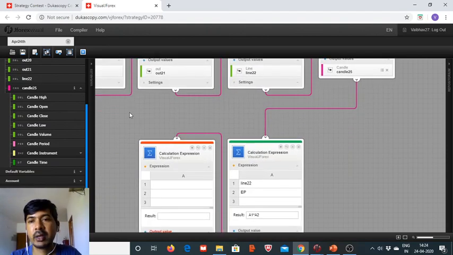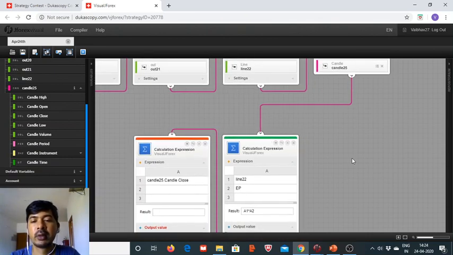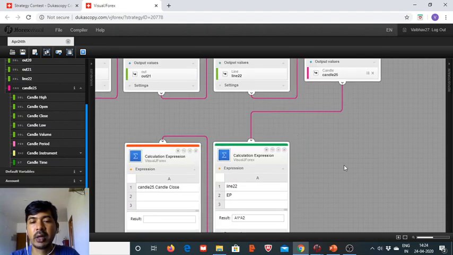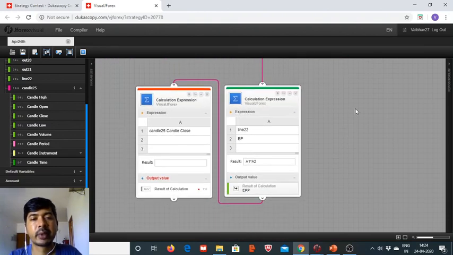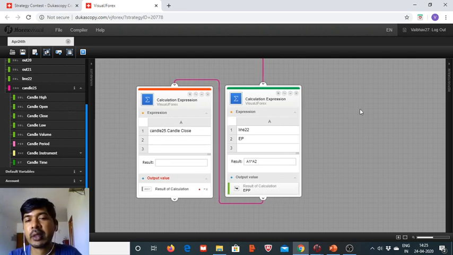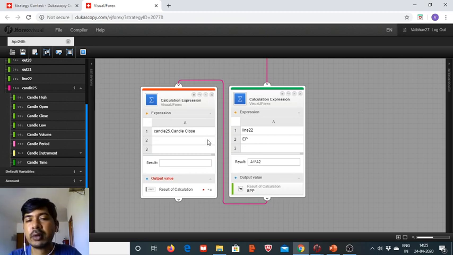So here we take candle 25 closing level, and then we deduct the 60% of the ATR of last 14 hours from the last hour's candle closing, and that will get us a good amount of buffer.